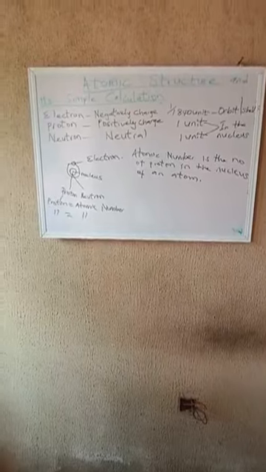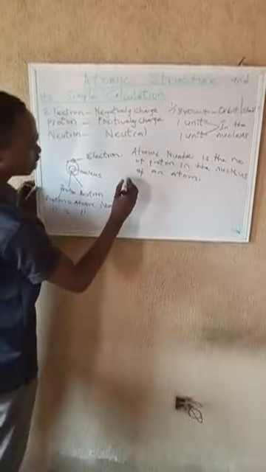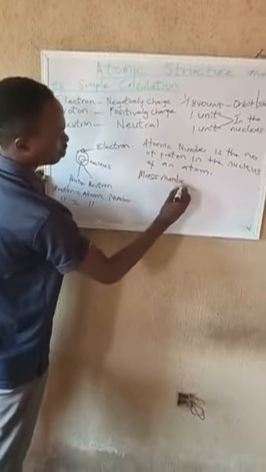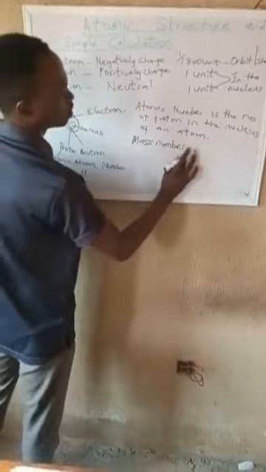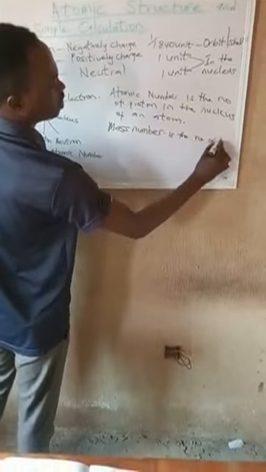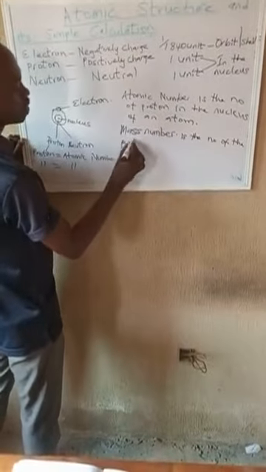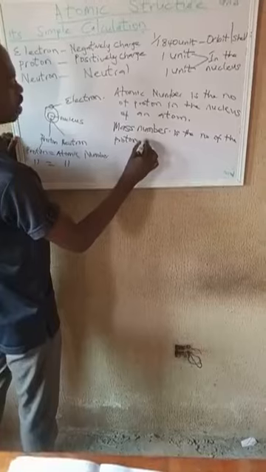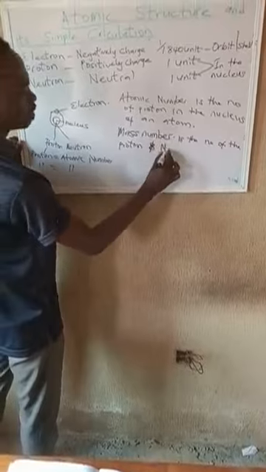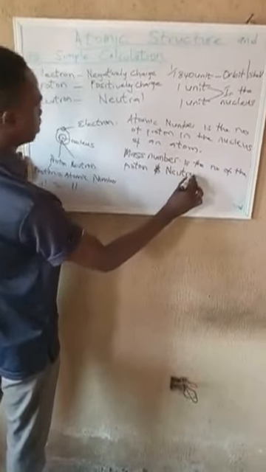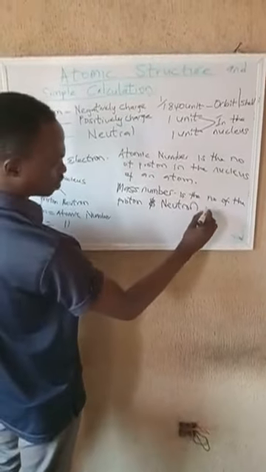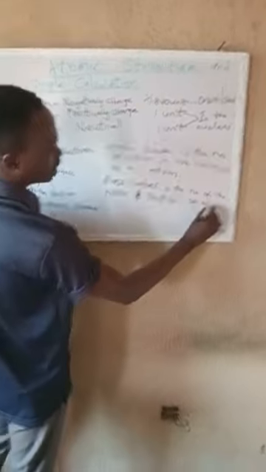There's something we call mass number. Mass number is the number of the protons and neutrons of an atom.